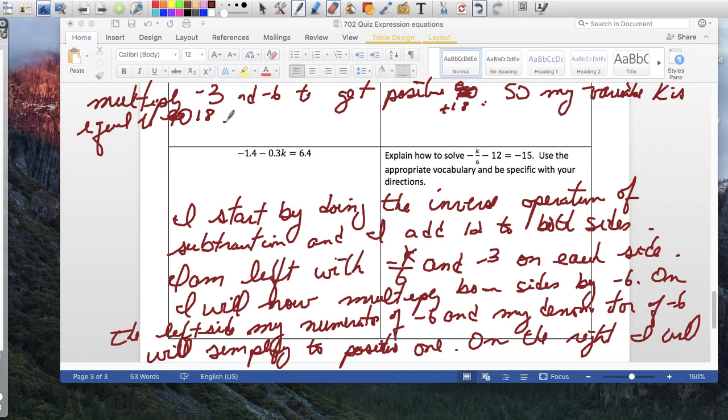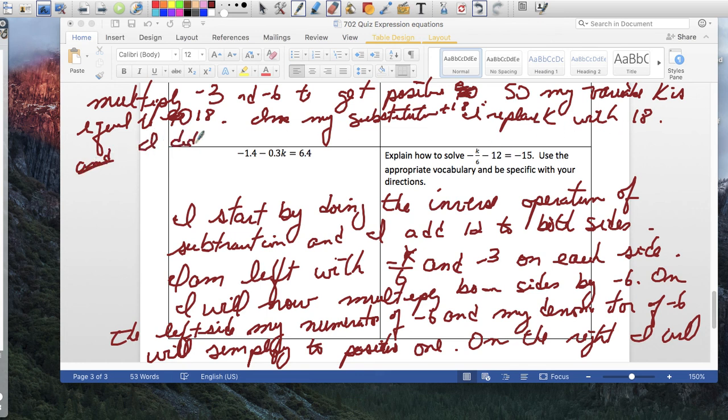Okay, and then in my substitution, I replace k with 18. I divide negative 18 by 6 to get negative 3.